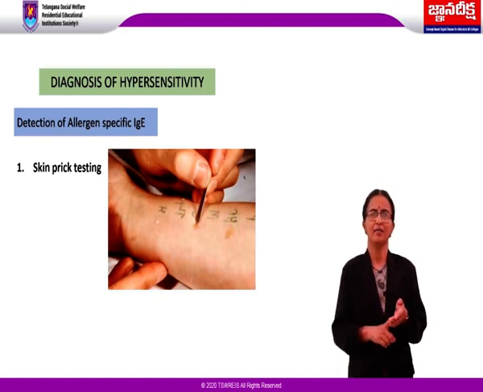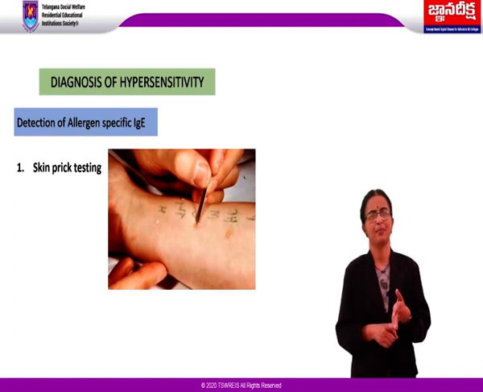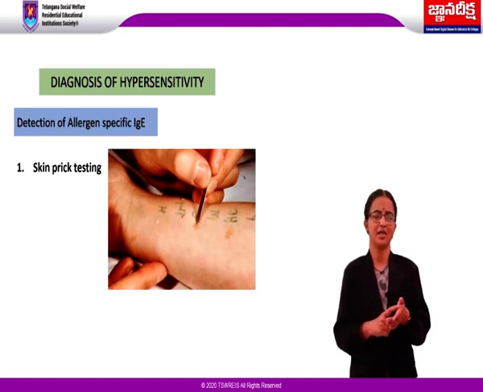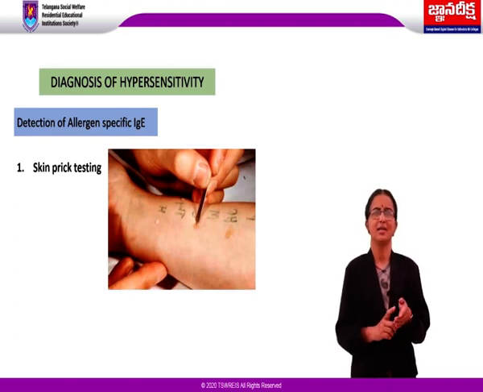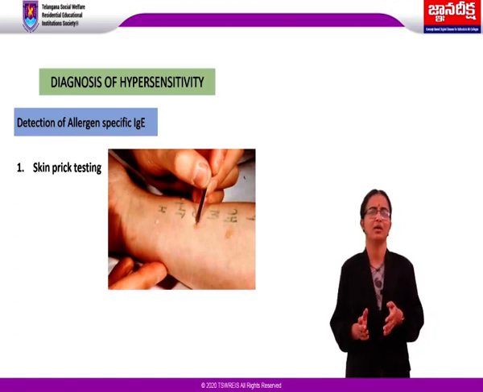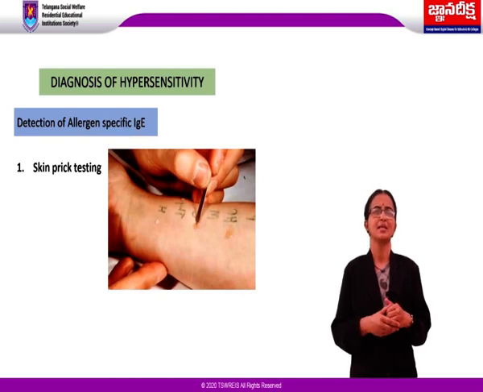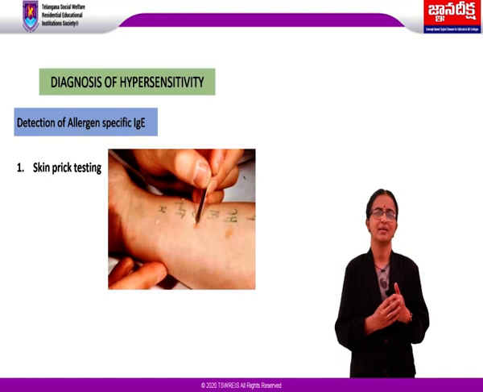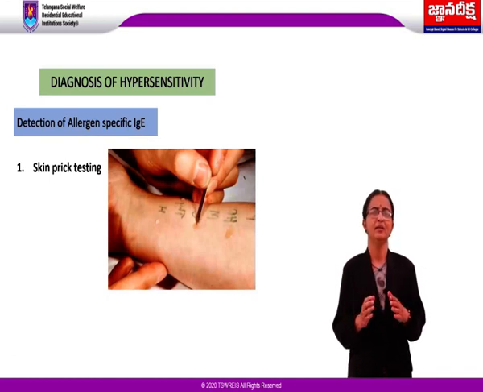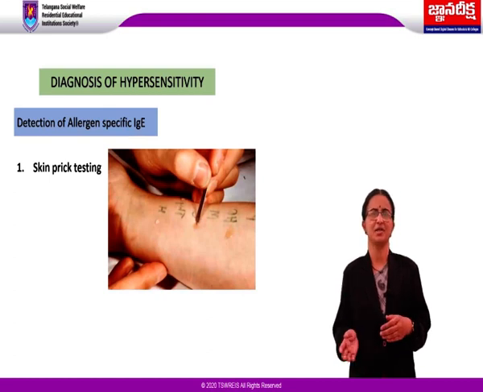And the diameter of the resulting wheal is recorded in 2 dimensions. Wheal is the allergic reaction which is developed by the person. A positive test is the one in which the wheal diameter is at least 3 millimeters greater than the negative control, that is saline. Skin prick testing can be done for aeroallergens. Example, house dust mite allergens, pollen and domestic pet allergens.